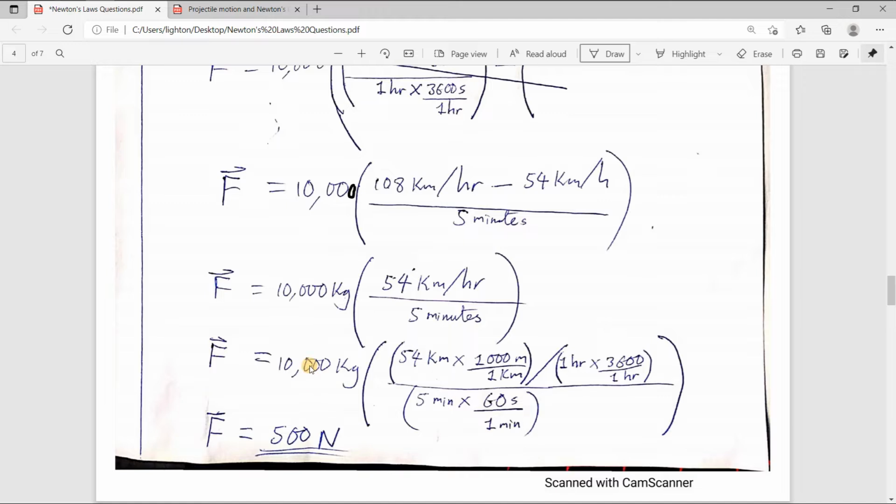Of course, this same answer, you can go explicit by writing it in this form.